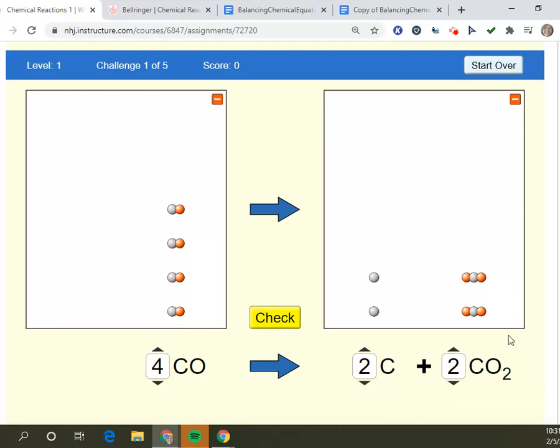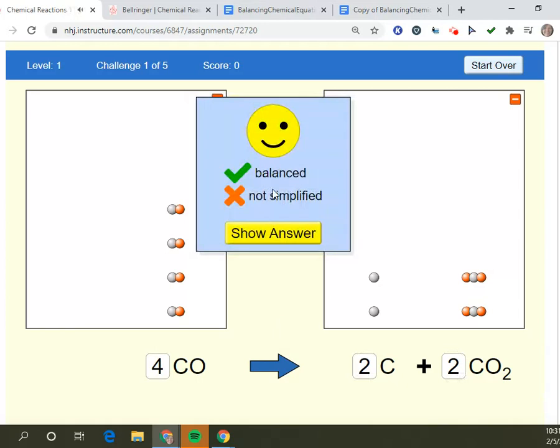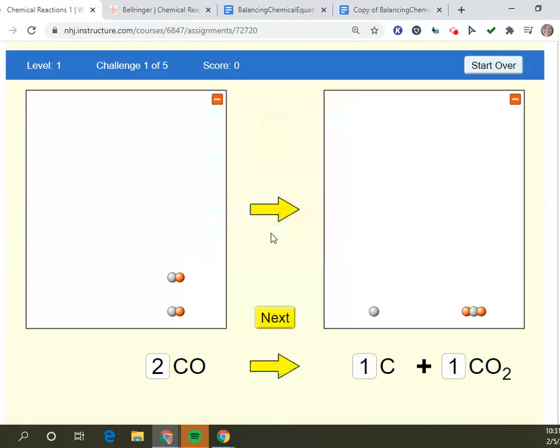We have 2 times 2 oxygen is 4. So we should be good now. Now we get balanced but not simplified. So we got no stars on that. But when you look at it now, they show you the simplify is to reduce it. So just be sure that you reduce your equations as you're moving along.